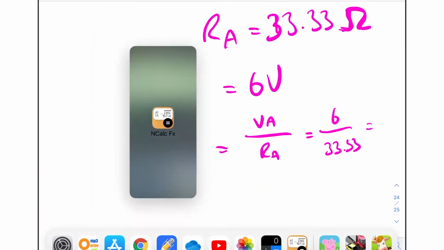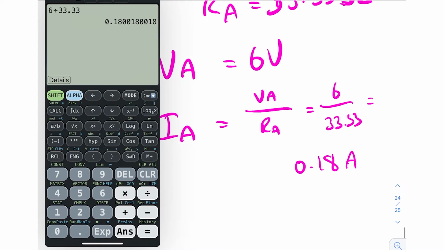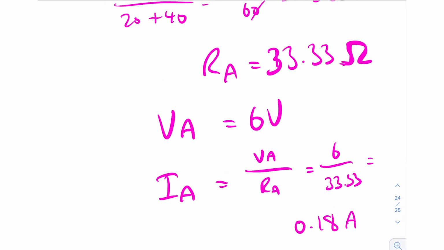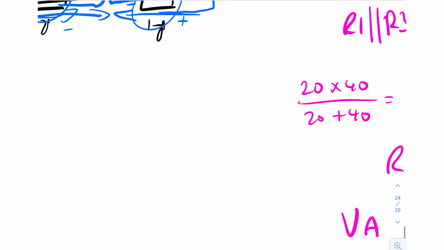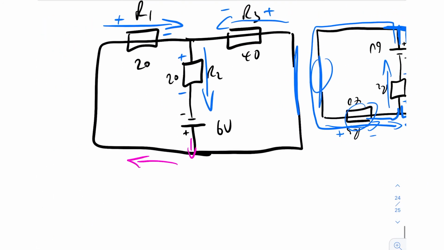So let's do that. 6 divided by 33.33 gives us 0.18 amps. Now we have the total current, the total voltage, and the total resistance for this circuit. We're not done yet. We know that 0.18 amps are coming out of the battery.